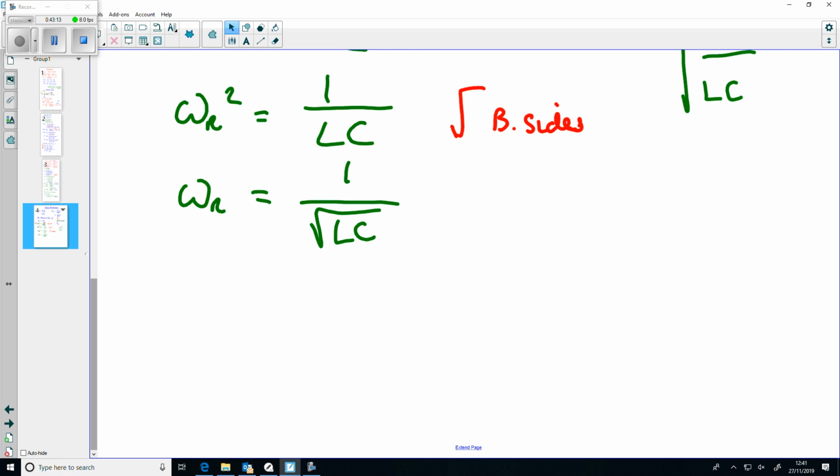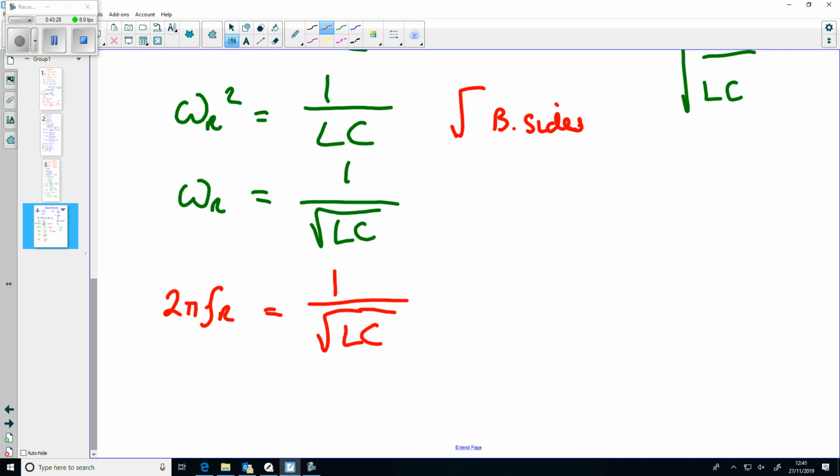What we could now do is instead write omega R as 2 pi FR is equal to 1 over root LC. And now if we move the 2 pi, we've got a formula for the resonant frequency in hertz. So we divide by 2 pi.